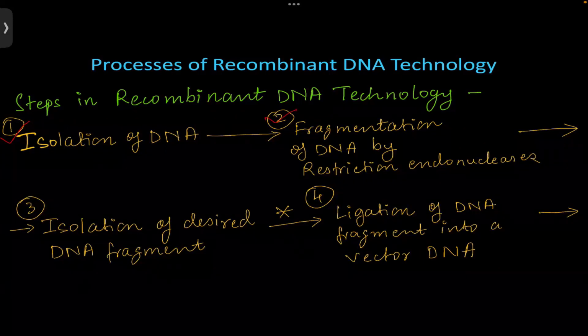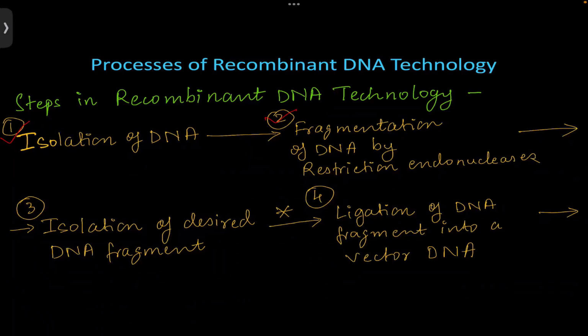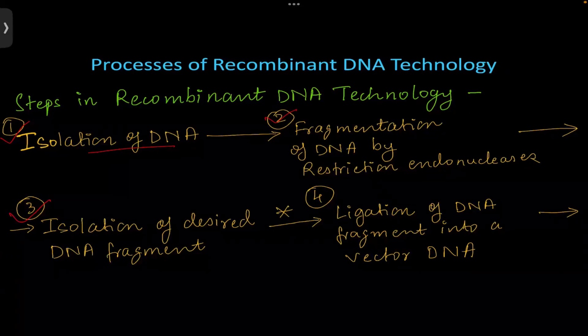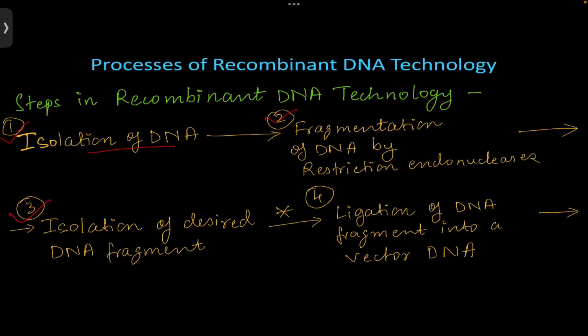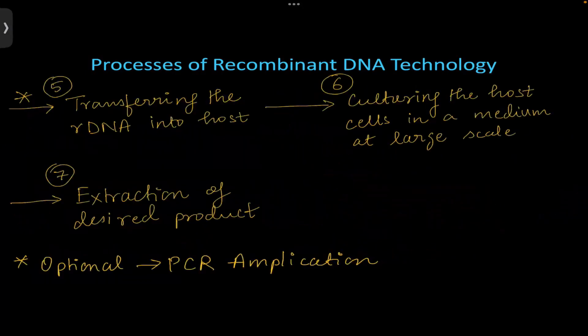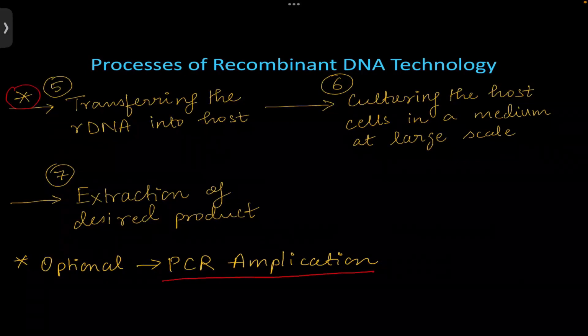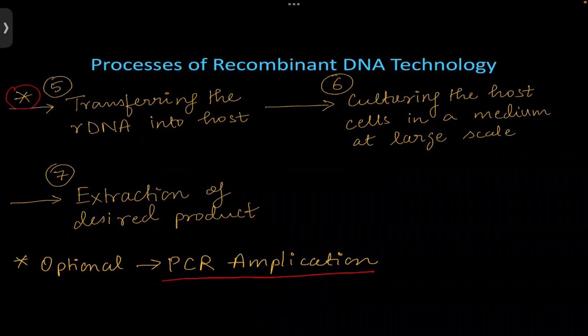You have to digest or make fragments of your isolated DNA as well as your vector DNA by a suitable type of restriction enzyme. Then you need to isolate your desired DNA fragments. After you have done that, you can now ligate your DNA fragment into the vector DNA to create your recombinant DNA. Now these star marks refer to an optional step, that is PCR amplification. I'll come to it later.